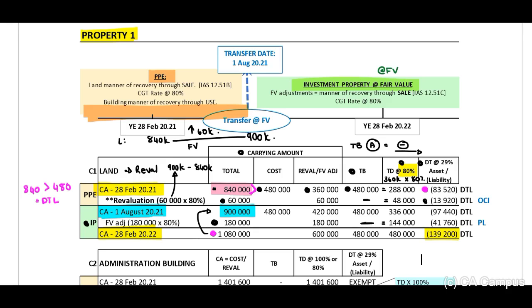Now, let's take it one step further, and we need to look at our building. Similar principle, we need to determine our opening balance for deferred tax purposes in terms of the building, and our closing balance. We need to identify the movement. If you look at our timeline, we will have to determine that there will be depreciation for this portion, which will be March, April, May, June, July.